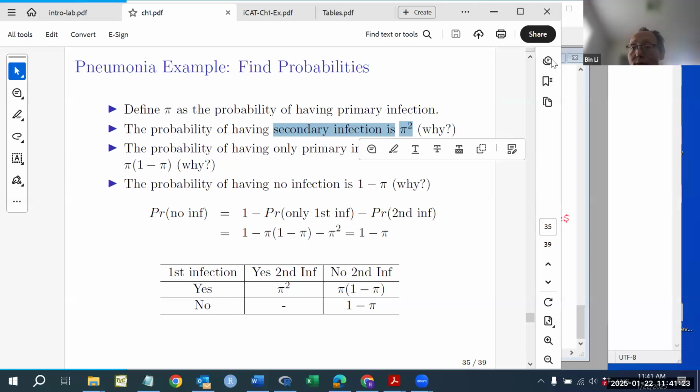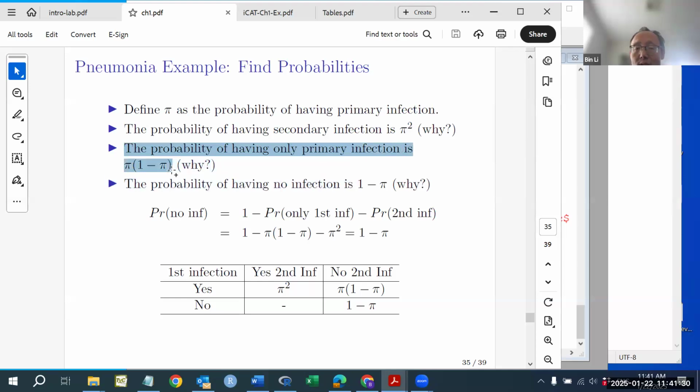So that's pi squared. And the probability of having only the primary infection is this one.